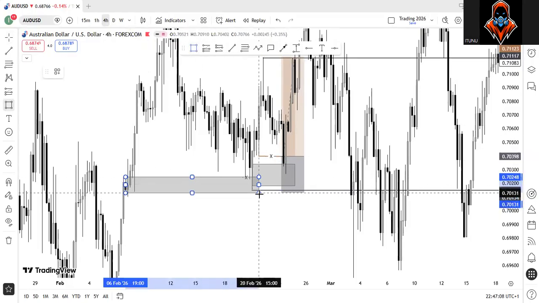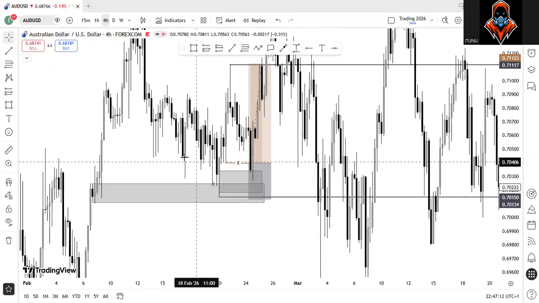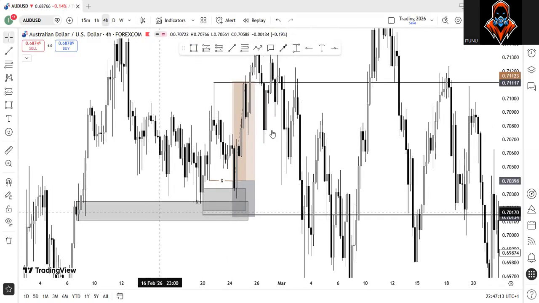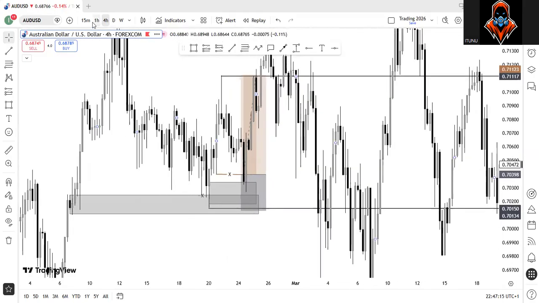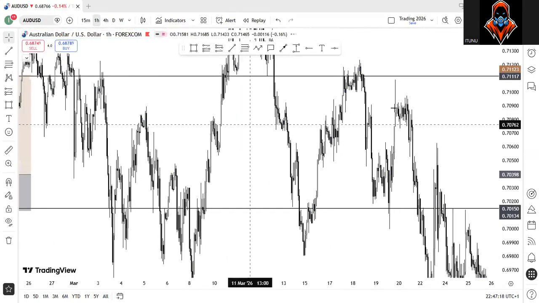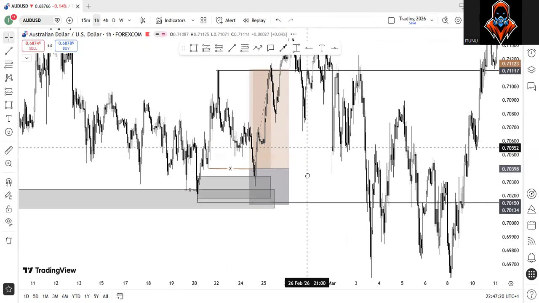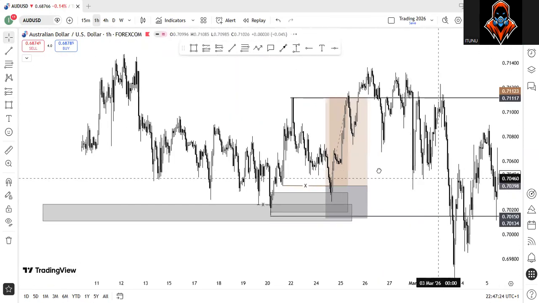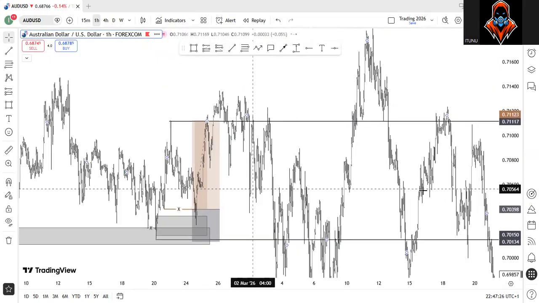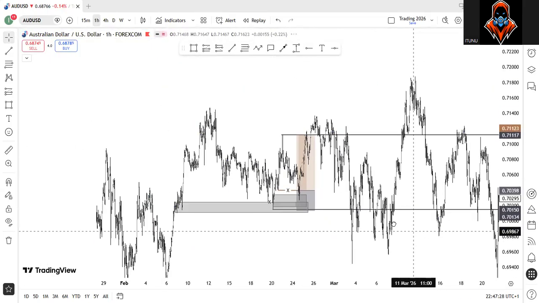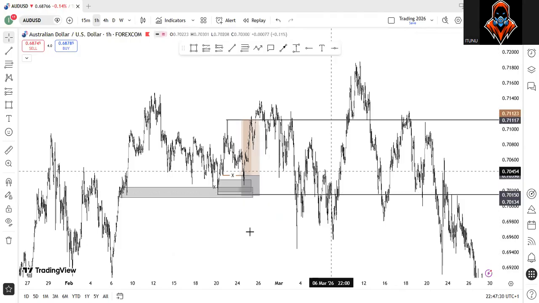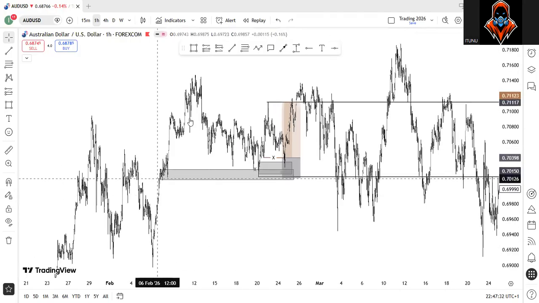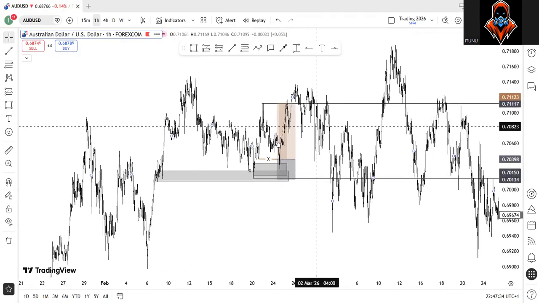Right here. So this is our order block to support this move on the 1 hour time frame. Right here. Order block to support this move for the bullish push.